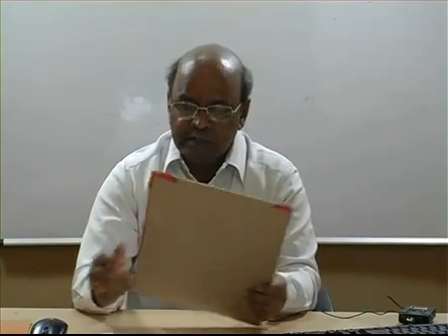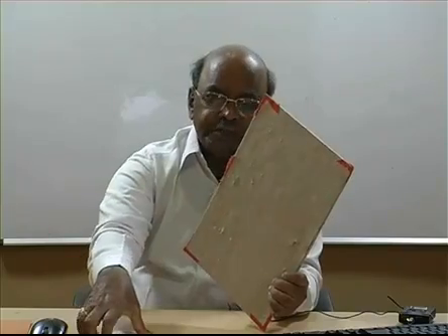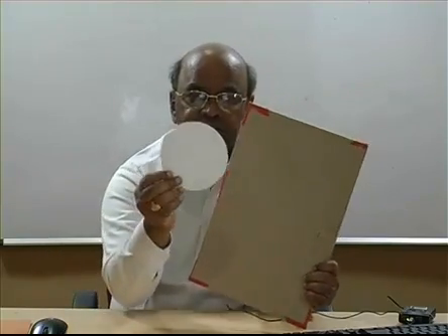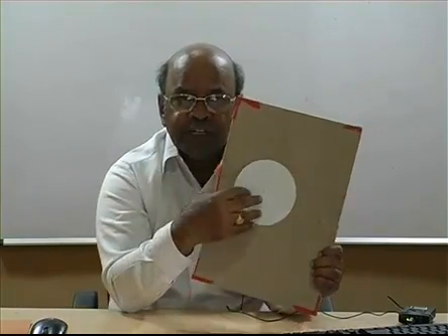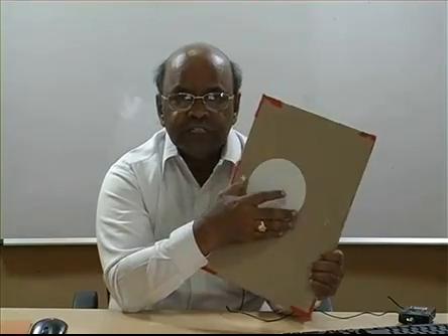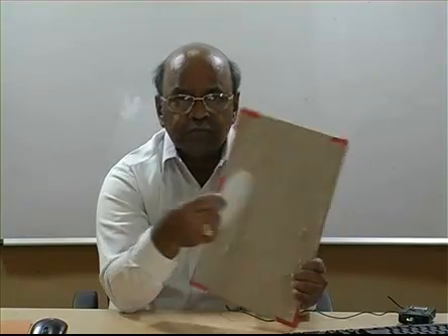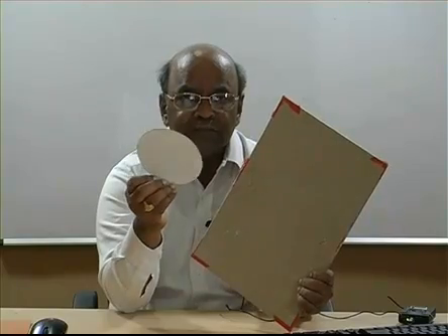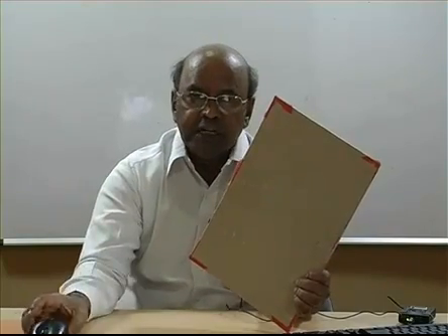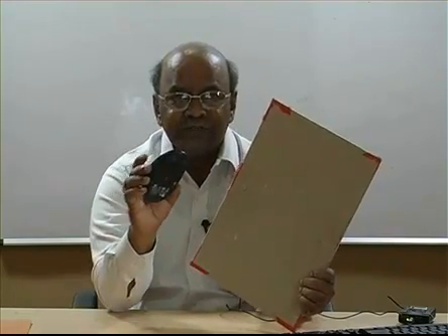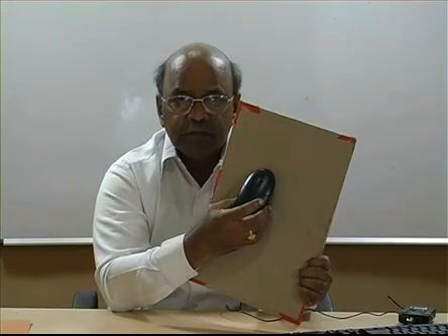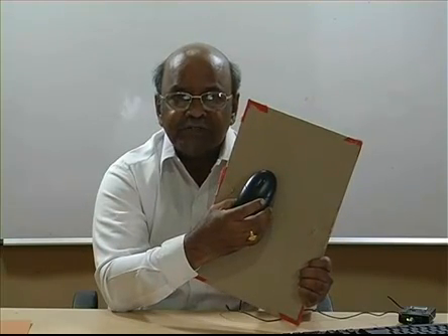Now coming to any projection, suppose you take this circle and project it onto the plane, this is a two-dimensional one. Even if you take a solid having three dimensions, if you project it, you get only two dimensions of it.